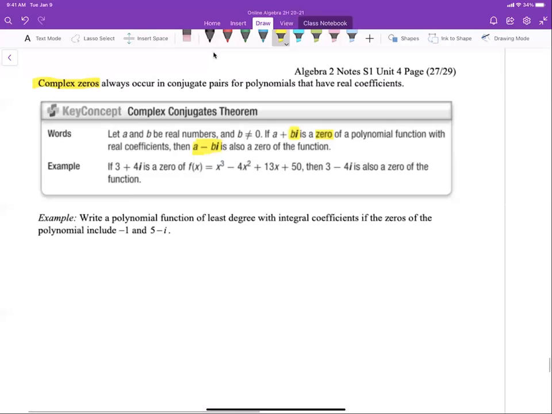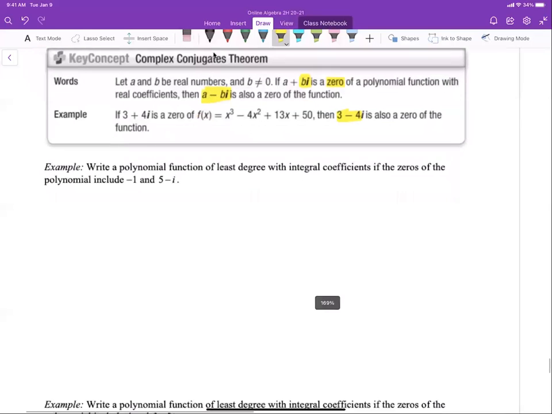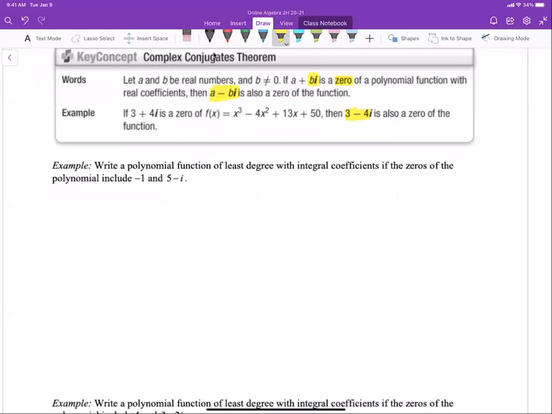Okay, so here's an example. If 3 plus 4i is a zero of that polynomial, then we know that 3 minus 4i is also a zero. So how are we going to use that information to help us? Well, we're going to go backwards. We are given a polynomial function.